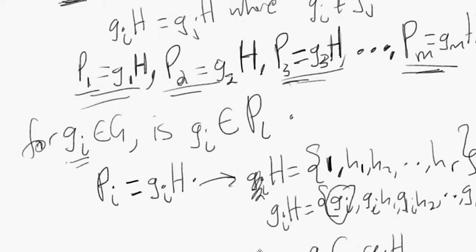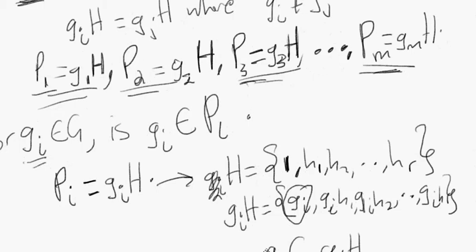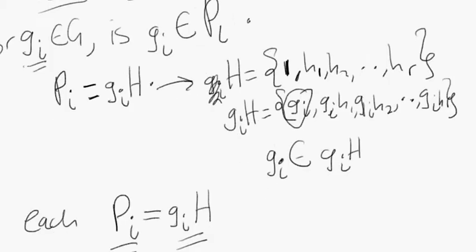Well, what would it mean for any two cosets to be pairwise disjoint? Let's say we have two cosets, Pi and Pj.